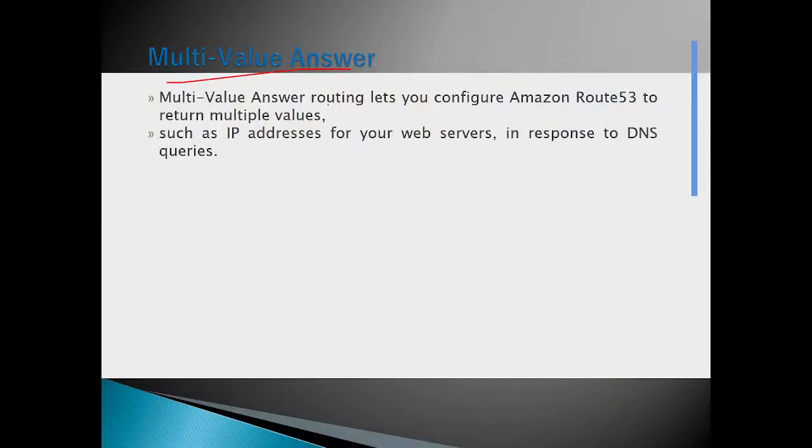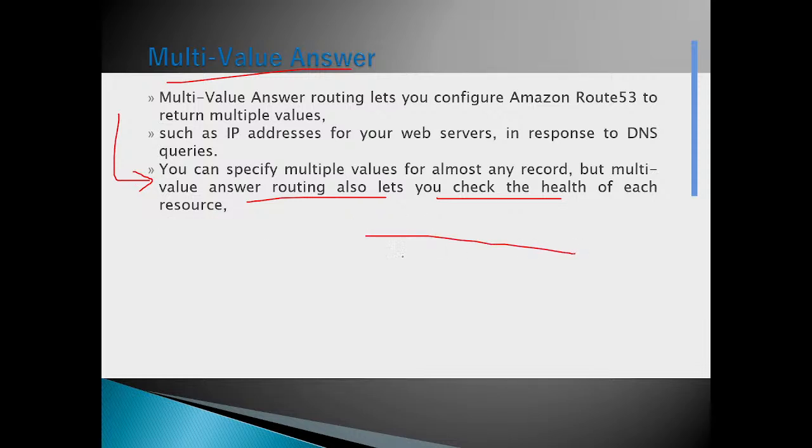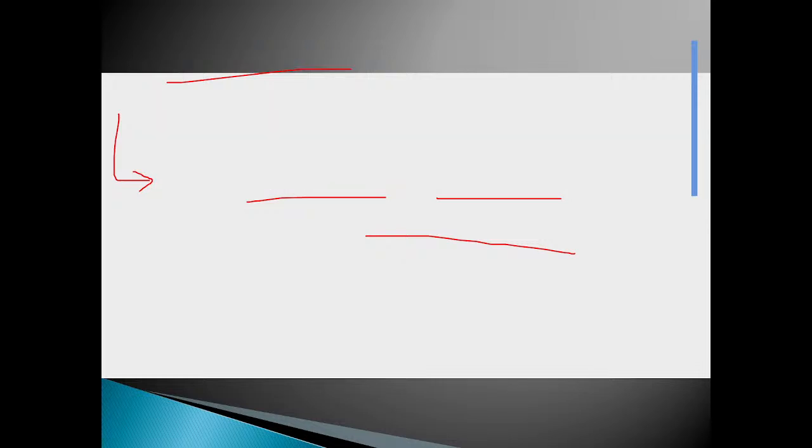So multi-value routing lets you configure Route 53 to return multiple values, such as IP addresses of your website, in response to DNS. You can specify multi-value for almost any record, but multi-value record also lets you check the health of your machine. So just like simple routing, it has a health checkup associated with it. So Route 53 returns only the value for healthy resources. Anybody have any question till here before I further move?